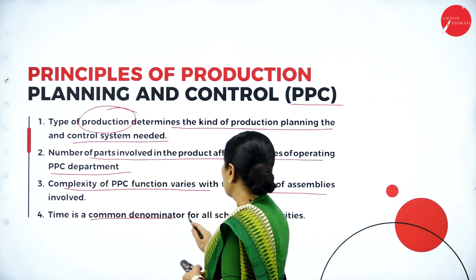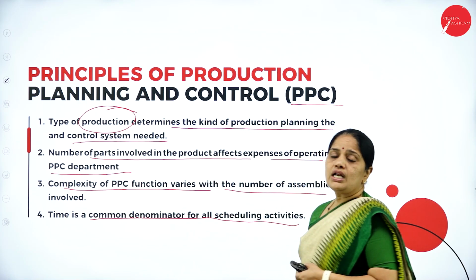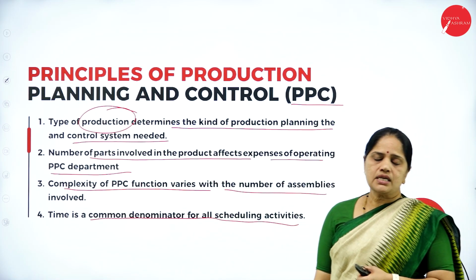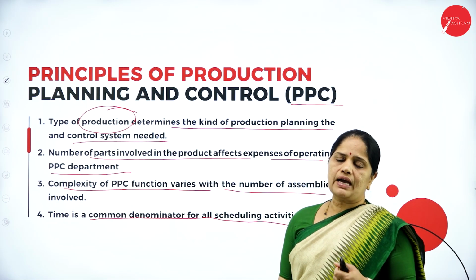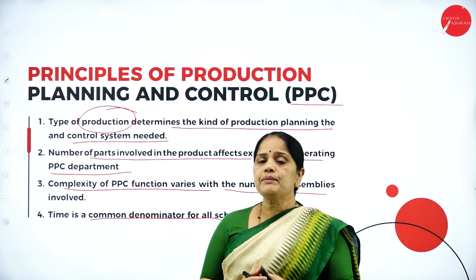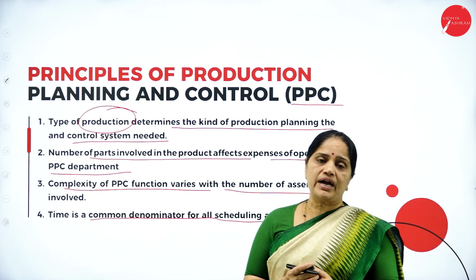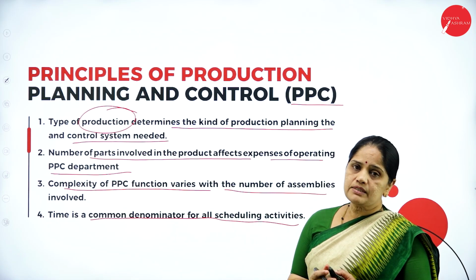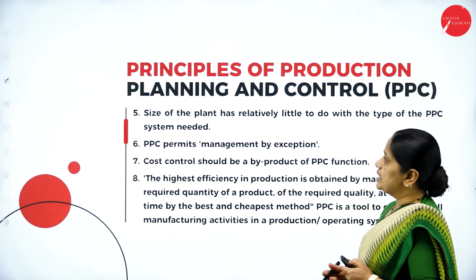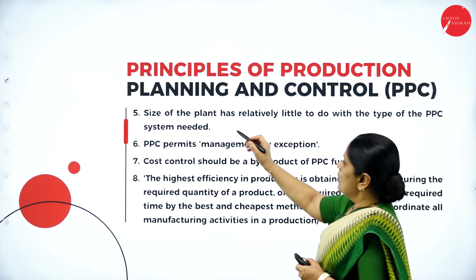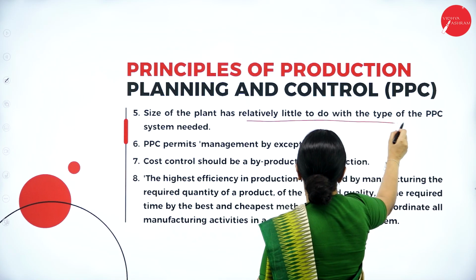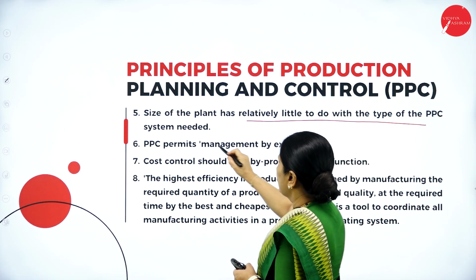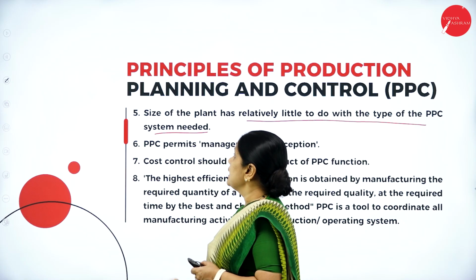Then time is a common denominator for all scheduling activities. Now, for every schedule, whenever we have to prepare a plan, time becomes the most important factor. We have to set a standard time and see that it is maintained throughout the activities. Then, the size of the plant has relatively little to do with the type of PPC system needed.